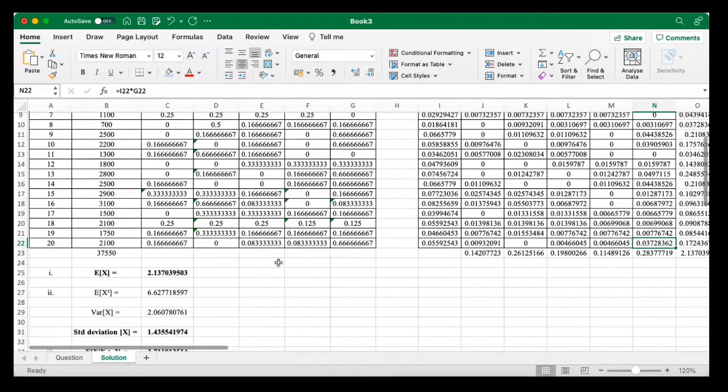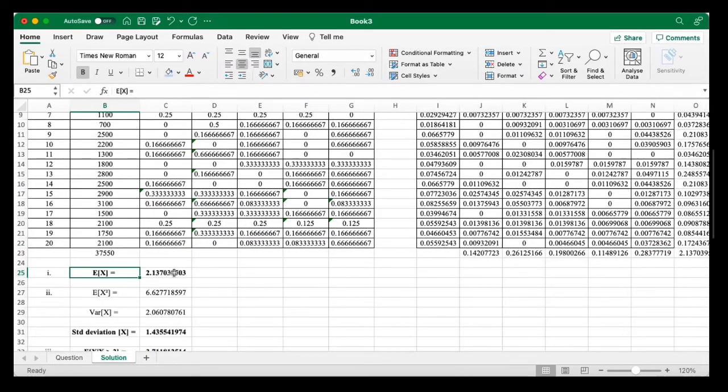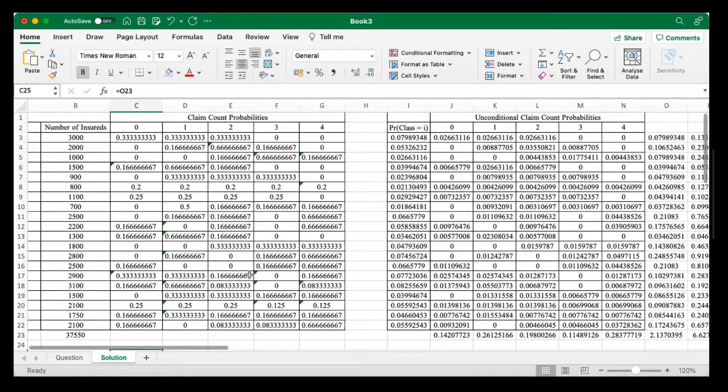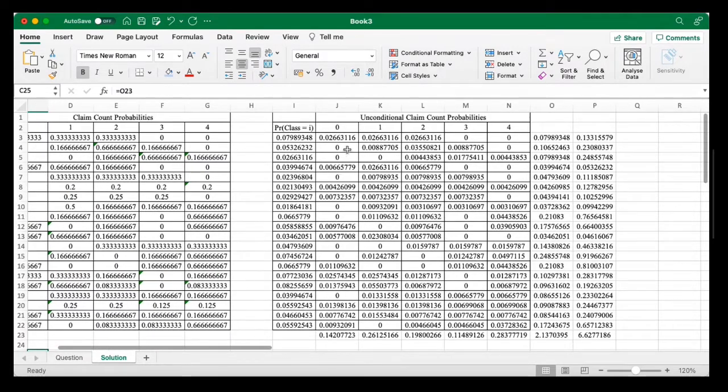So calculating the expected number of claims means that we need to multiply the probability with the claim count respectively.